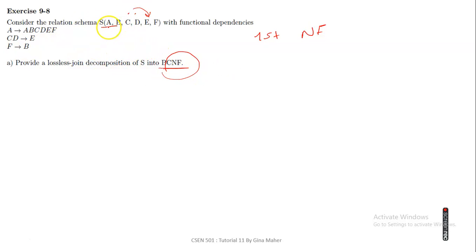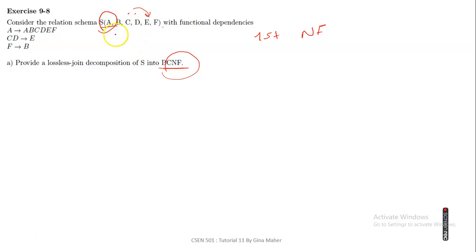Actually, this relation has a primary key of one attribute, which means that definitely this one is in the second normal form, because no attribute is partially dependent on the primary key. So definitely all of them are fully functionally dependent on the primary key.